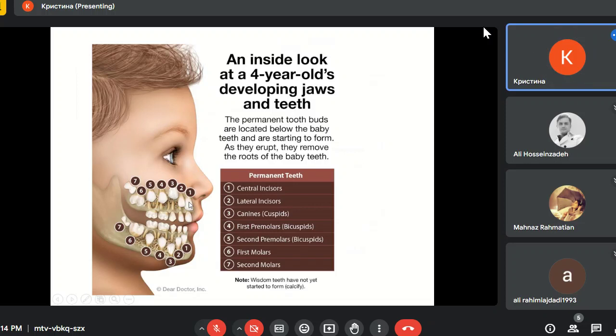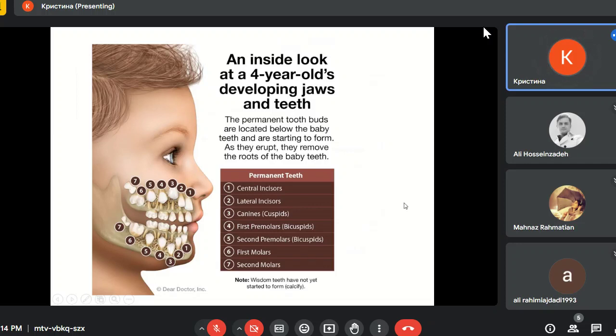The permanent teeth now have very well developed crowns, but not developed roots. Roots of the teeth develop only when the teeth start to be erupted.